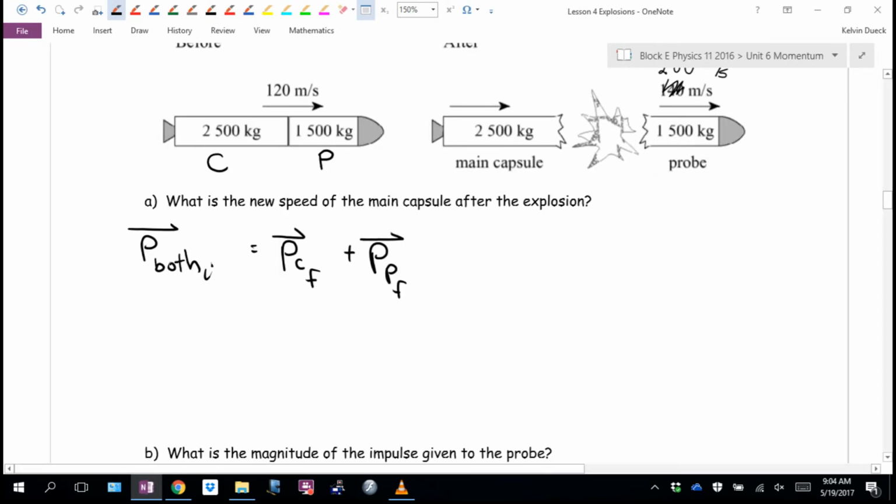Momentum is what times what? It's mass times velocity. So this is going to be mass of the capsule plus mass of the probe, both times V initial. And that's going to equal mass of the capsule, velocity of the capsule final, plus mass of the probe, velocity of the probe final.